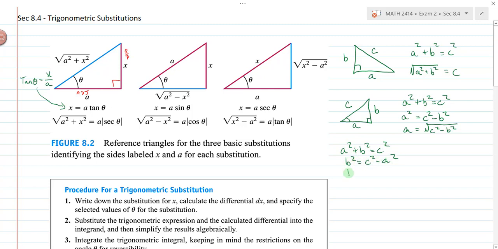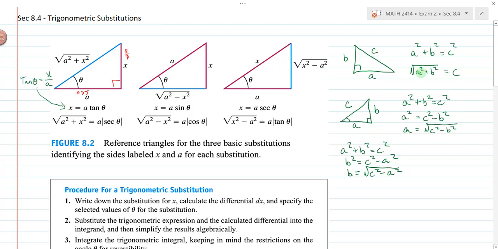And so then I would take the square root of both sides and say that b is the square root of c squared minus a squared. So when this side right here, the x, is listed first in subtraction underneath the radical, the x has to take the place of the hypotenuse, because whenever you're solving a quadratic equation for any one of these three sides, if you have subtraction under the radical, whatever term is listed first is going to be the hypotenuse.